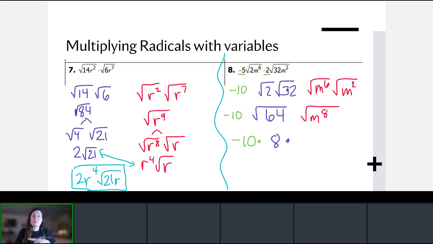Remember, we take half when we're taking the square root of those variables and exponents. So it's m to the 4th. We divide that exponent by 2, take half of it. Simplifying here for our final answer, we'll get -80 m to the 4th. This one could completely come out of the roots.